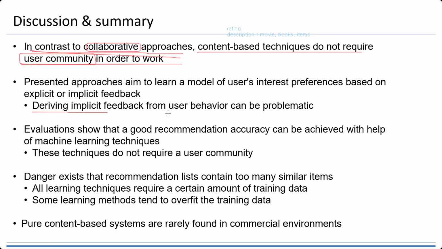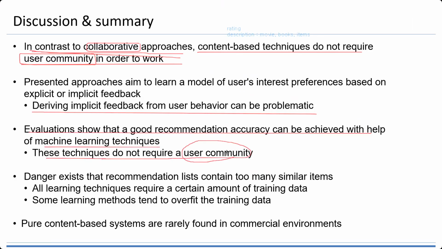Deriving implicit feedback from user behavior can be problematic. Okay? And evaluation show that a good recommendation accuracy can be achieved with the help of machine learning techniques. Okay, so we learn about this one. This technique do not require a user community. It's still the same.